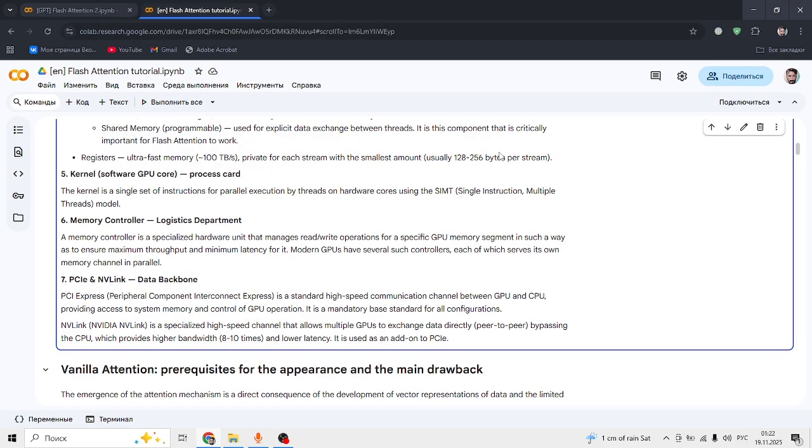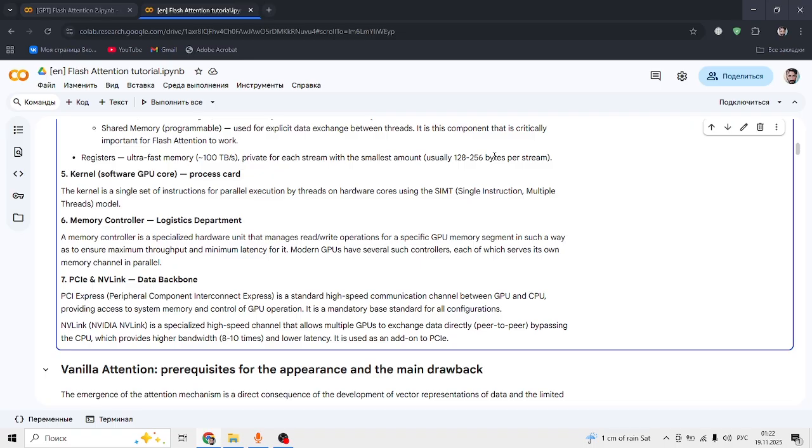Also there is such a thing as a kernel. This is a programmable software GPU core. So this is a single set of instructions for parallel execution by threads on hardware cores using SIMT, single instruction, multiple threads. And two last things, like the memory controller.